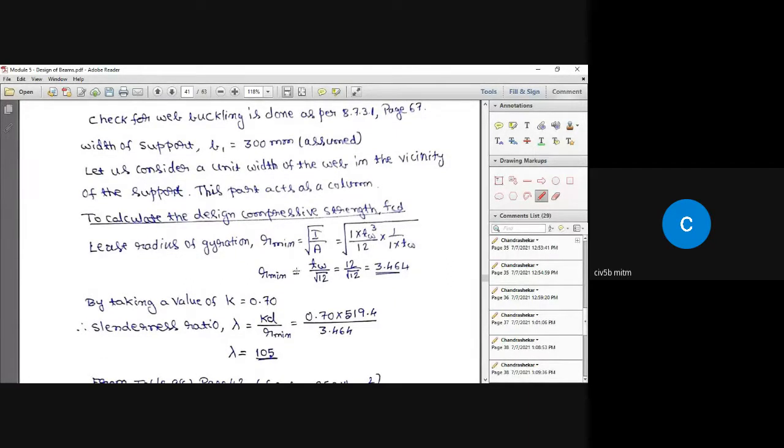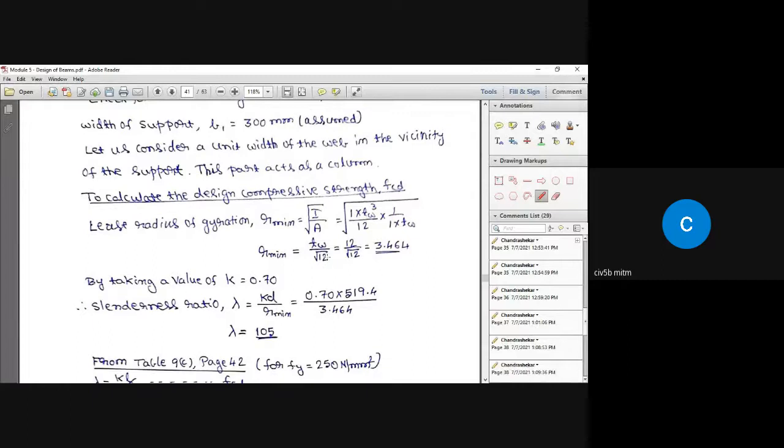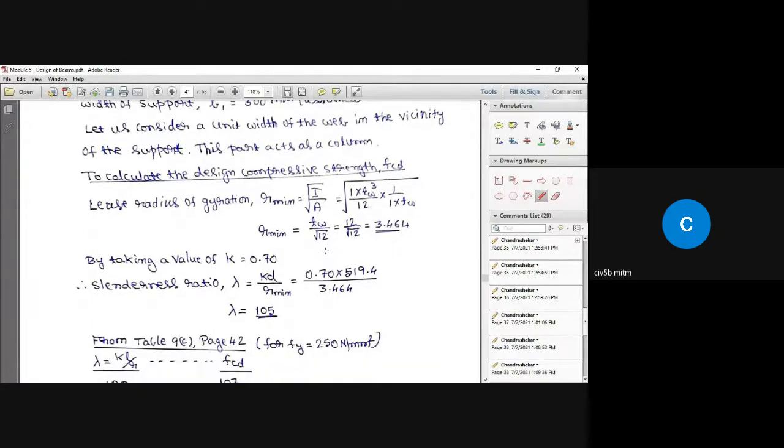we calculate the least radius of gyration, TW divided by √2. Finally, the radius of gyration is 3.464 millimeter. By taking a value of K equal to 0.70, which is given in the code, I don't want to go to the code to prove that K equals 0.70, so I'm just simply taking it as it is.